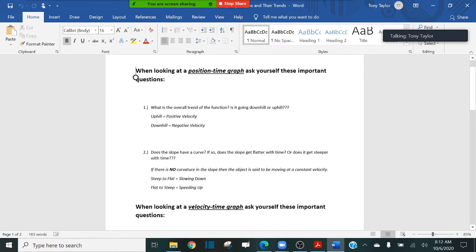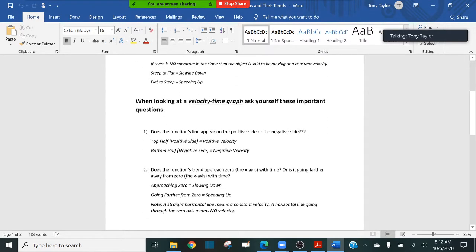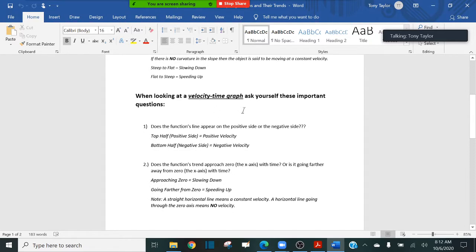And as soon as we get done talking about position versus time graphs, we're going to talk about the important trends to look for in velocity versus time graphs.